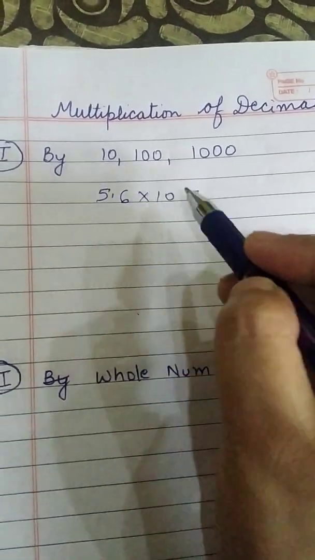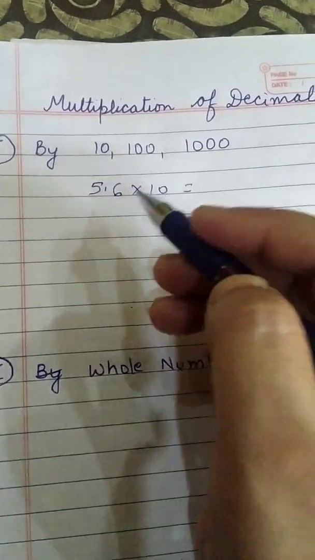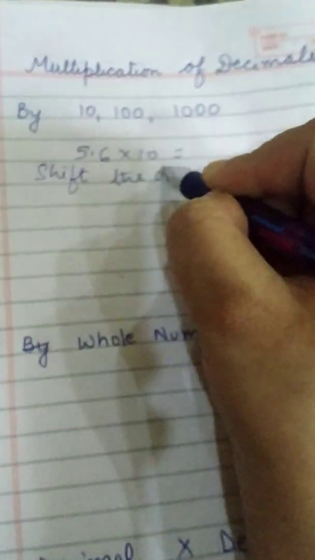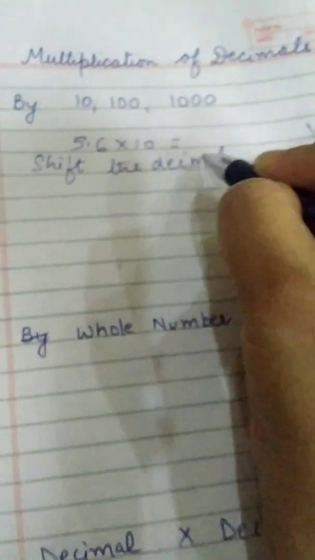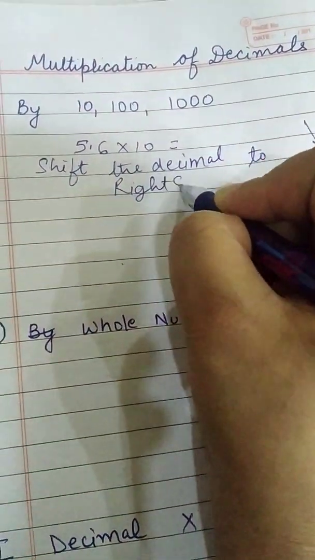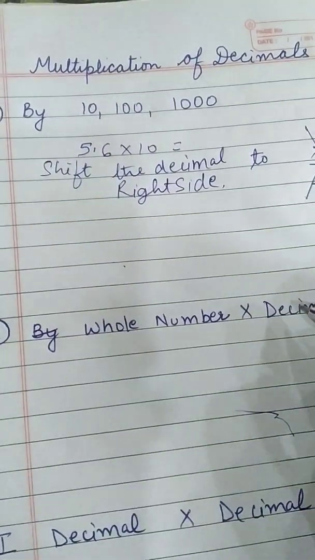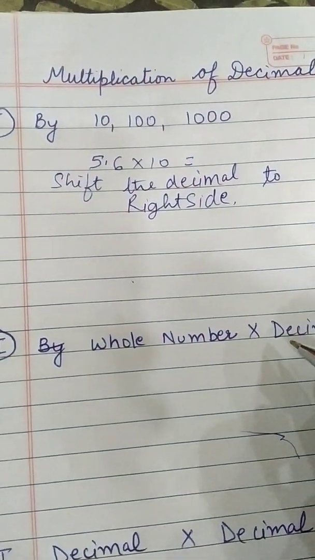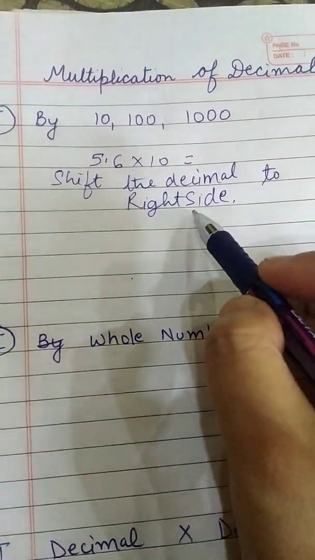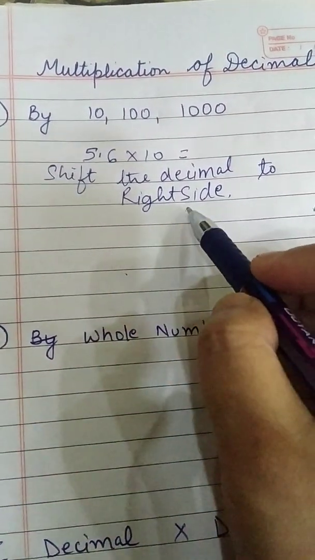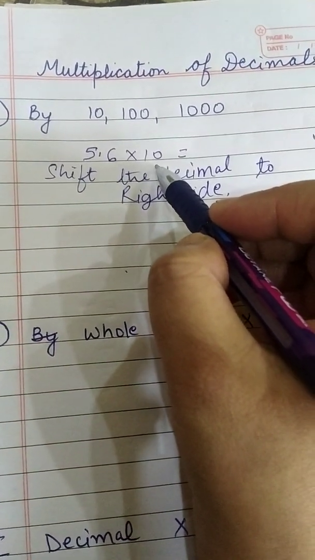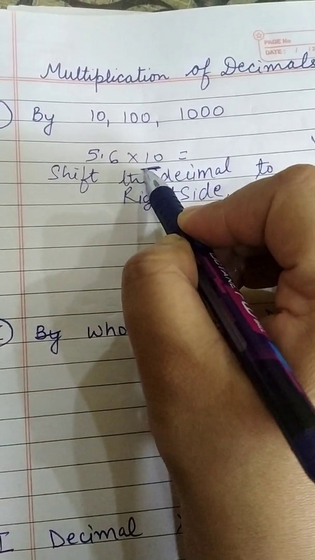We will shift the decimal to the right side. In multiplication, every time the decimal is shifted to the right side. So, how many steps, how many digits? It depends on how many zeros we are having in this second multiplier.